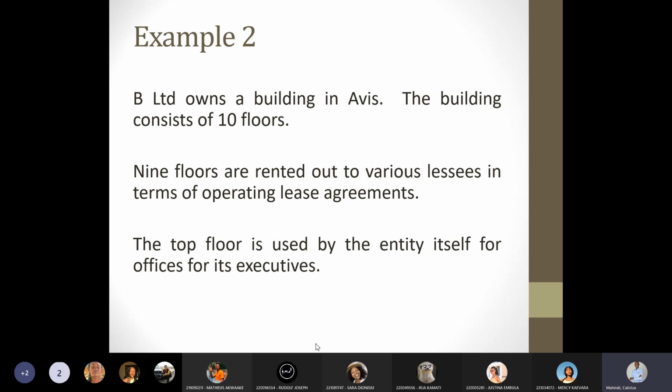Meke Ingo, how do you classify building B? You are spending too much time. I need your input. How will you classify building B?